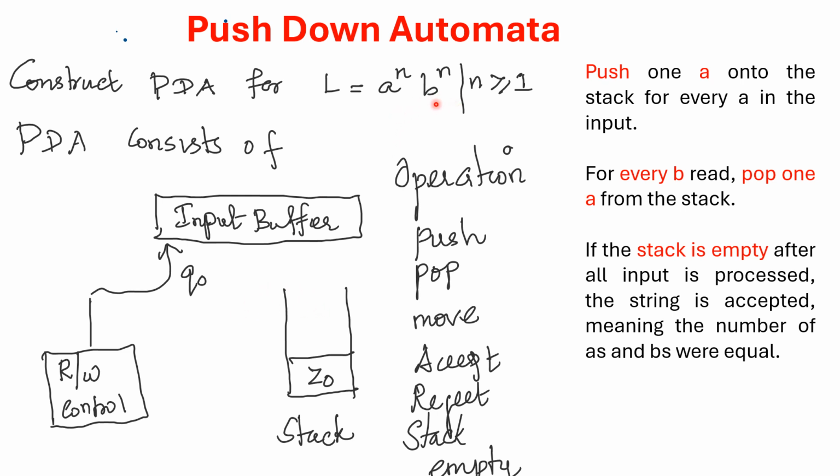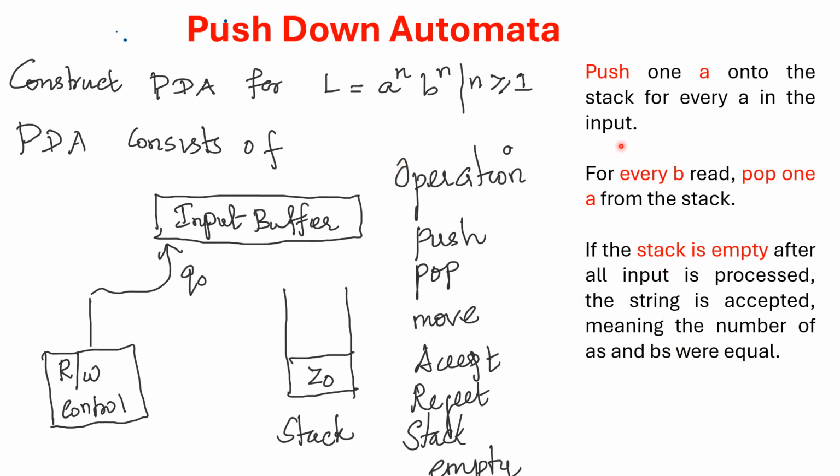On the second B, the second A is popped. On reading the third B, the third A is popped from the stack. Finally, the stack is empty. Again, you check that the input buffer is empty and the stack is empty, and we can say the string is accepted by the pushdown automaton.